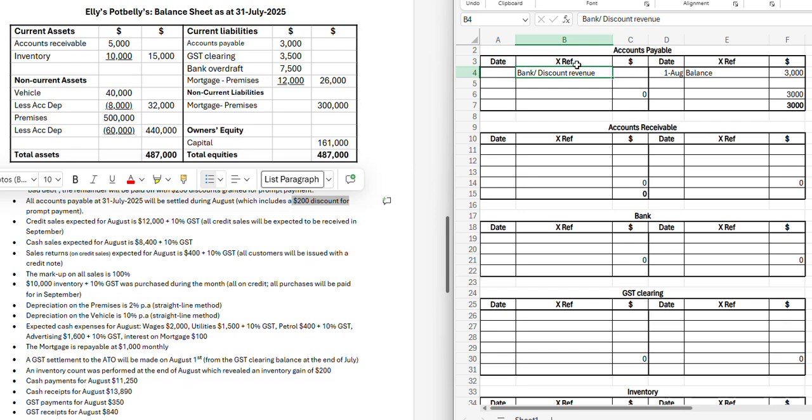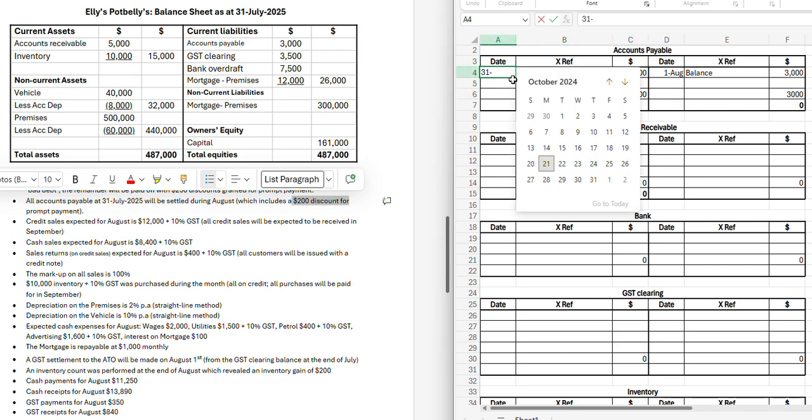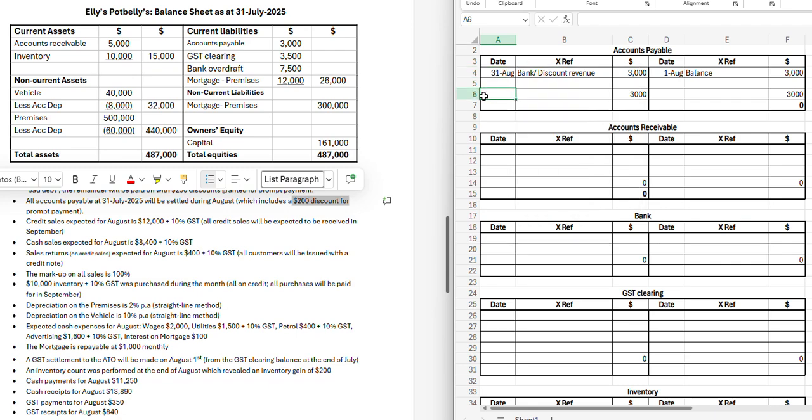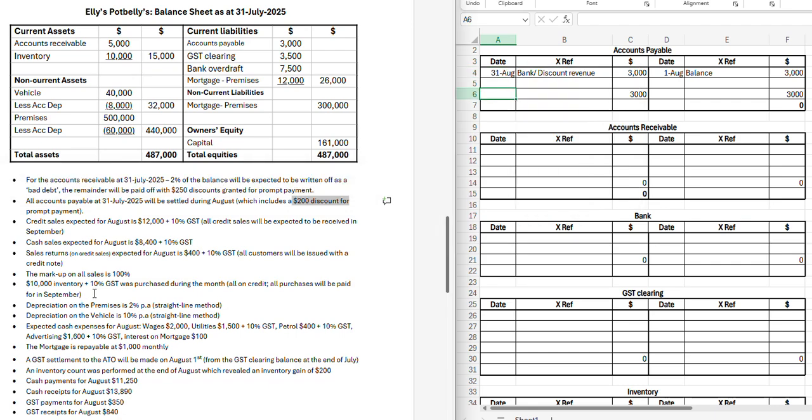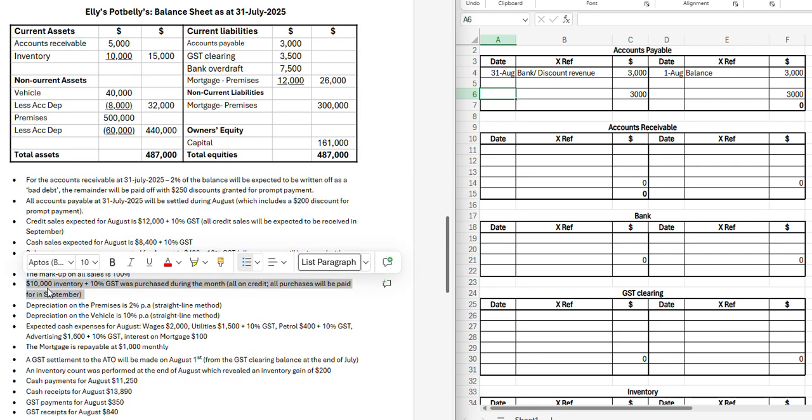So therefore, we're going to cross-reference that with our discount revenue account. So therefore, the combined effect of those two is that the liability is going down by the full amount from the starting balance, 3K.